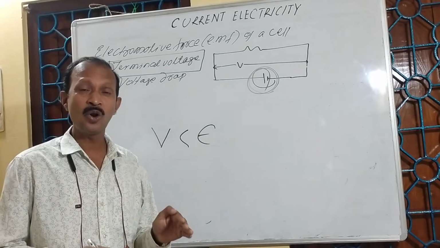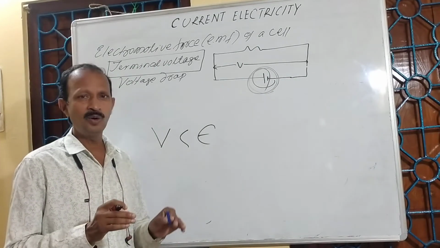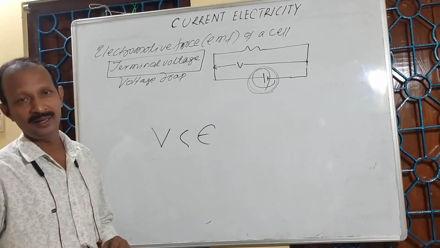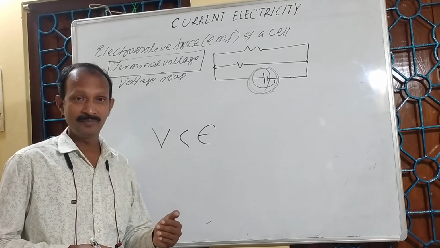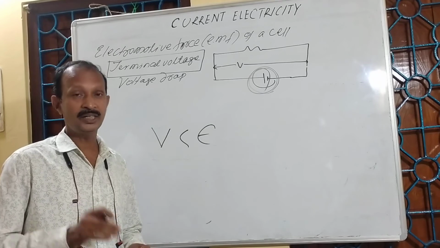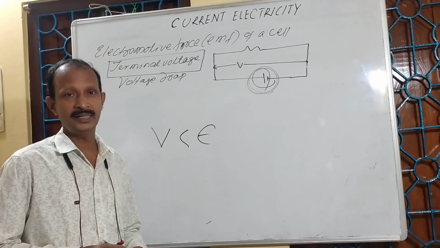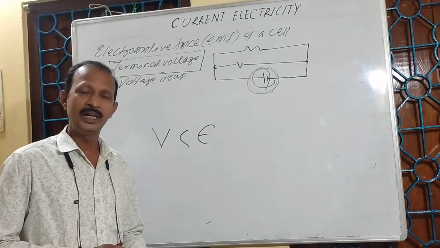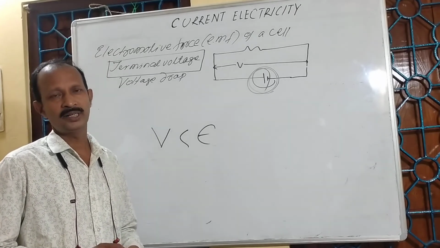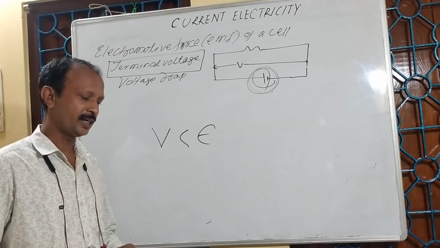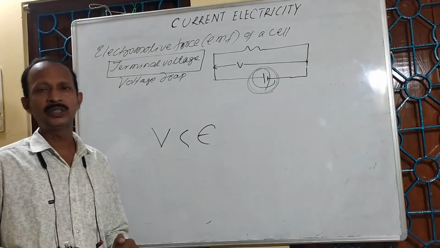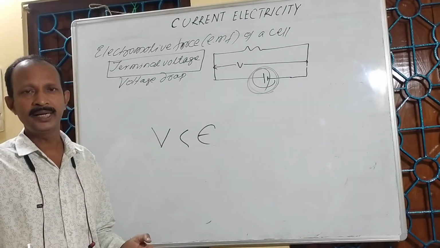When the cell is not in use, terminal voltage and the electromotive force are equal. But if it is in a closed circuit, at that time electromotive force will be more than terminal voltage. When it is not in use, electromotive force will be equal to terminal voltage.